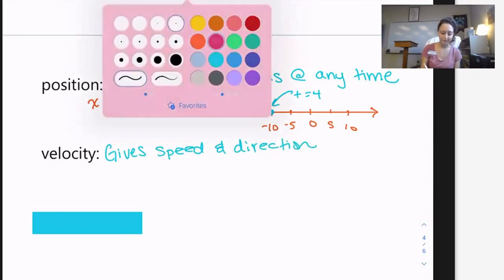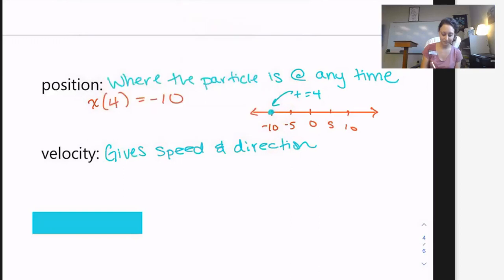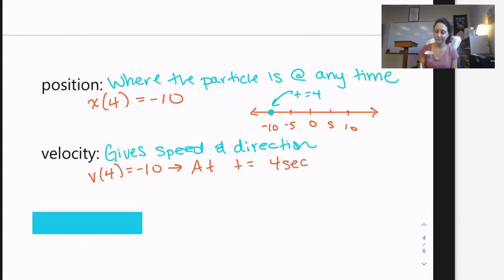So if my velocity at time 4 is negative 10, that means at t equals 4, I'm going to put some units on here, seconds, let's say, the particle's speed is 10 feet per second. Again, I'm adding units.